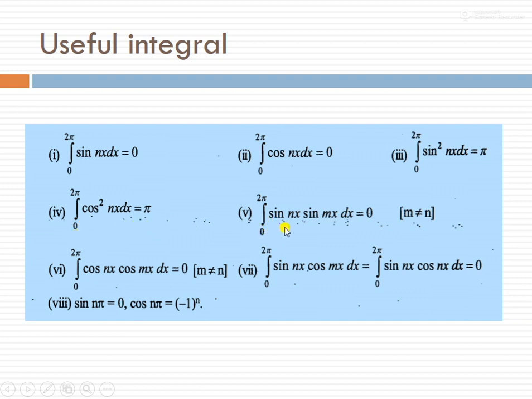Integral 0 to 2 pi sin nx sin mx dx equals 0, where m not equal to n, and integral 0 to 2 pi cos nx cos mx dx equals 0, where m not equal to n, and integral 0 to 2 pi sin nx cos mx dx equals integral 0 to 2 pi sin nx cos nx dx equals 0. Last one is sin n pi equals 0, cos n pi equals minus 1 raised to n.